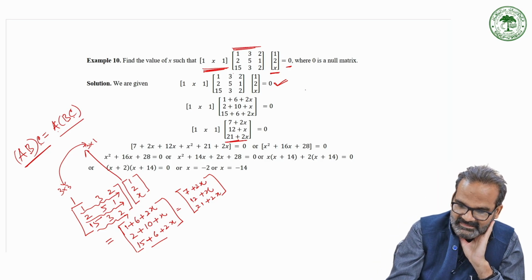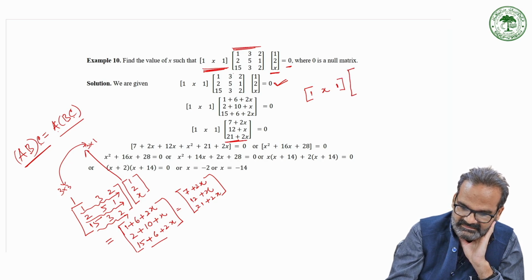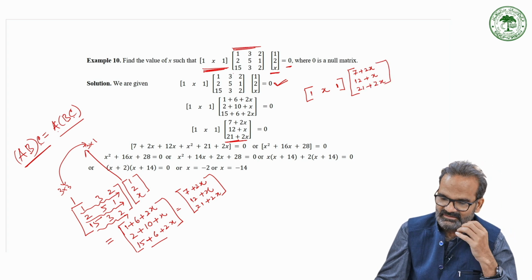Now we will multiply matrix 1, that is 1 x 1, with this matrix: 7 plus twice of x, 12 plus x, and 21 plus twice of x, right? Again check whether the product is possible or not.